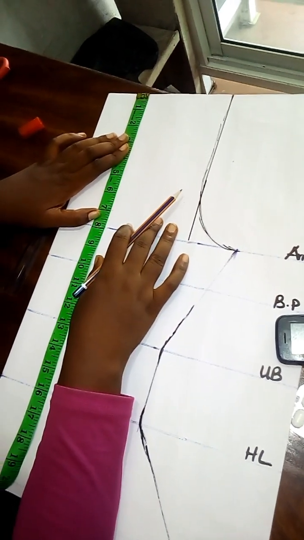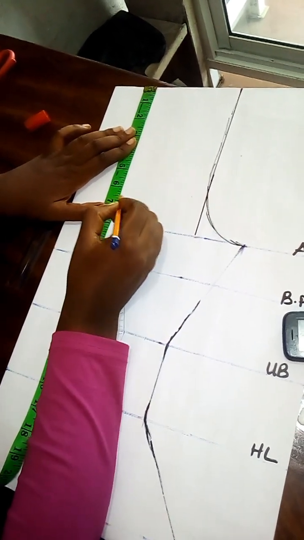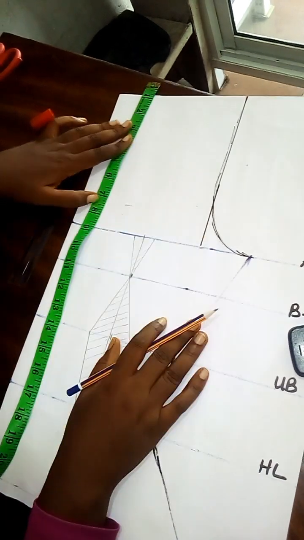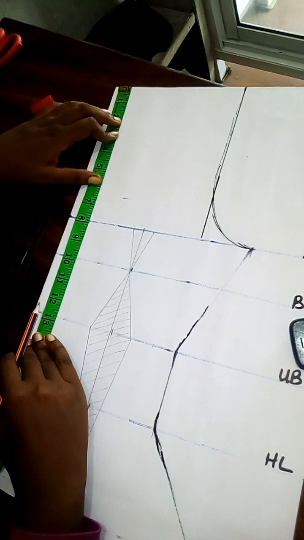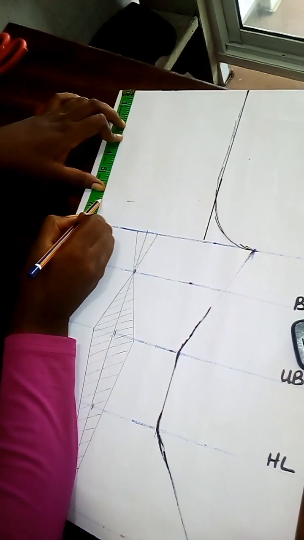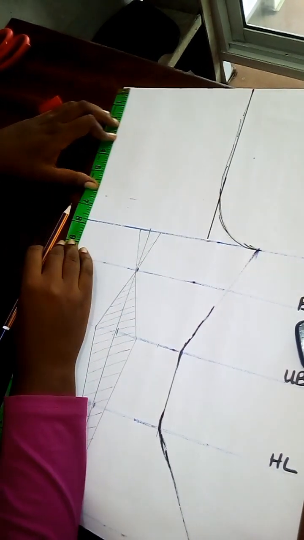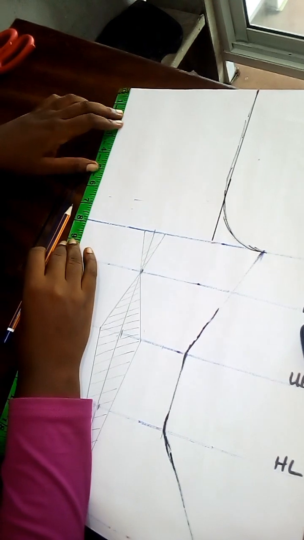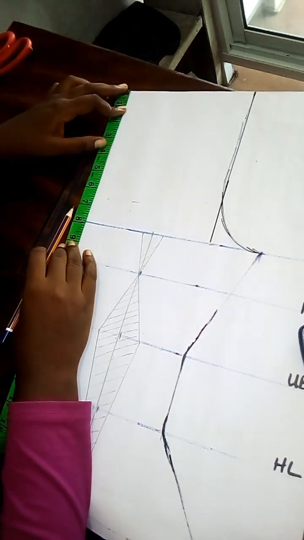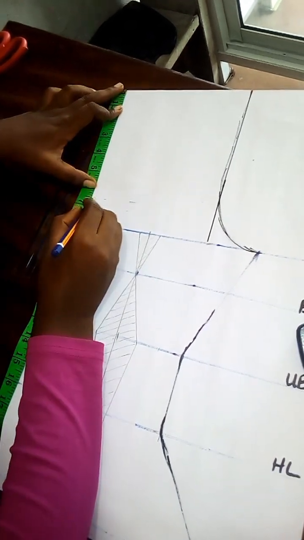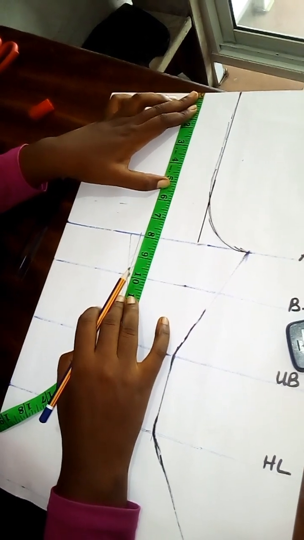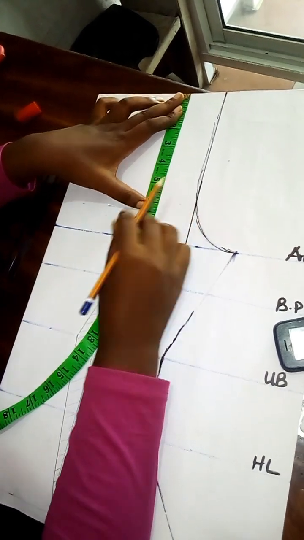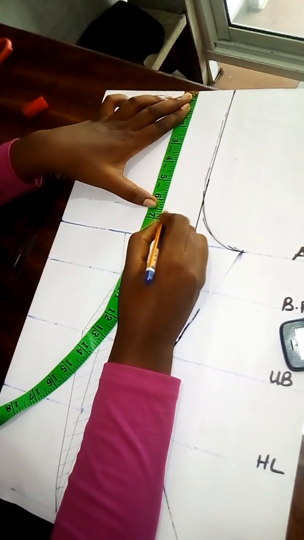Yes, for the upper part, I don't want it too exposed. I don't want my cleavage exposed. Of course, I'm a very decent person, so I don't want it exposed. Though I'm going to add a yoke to it, yes, but I want it well covered before the yoke. Oh yes, I finally took like 6.5, so that's very well covered.